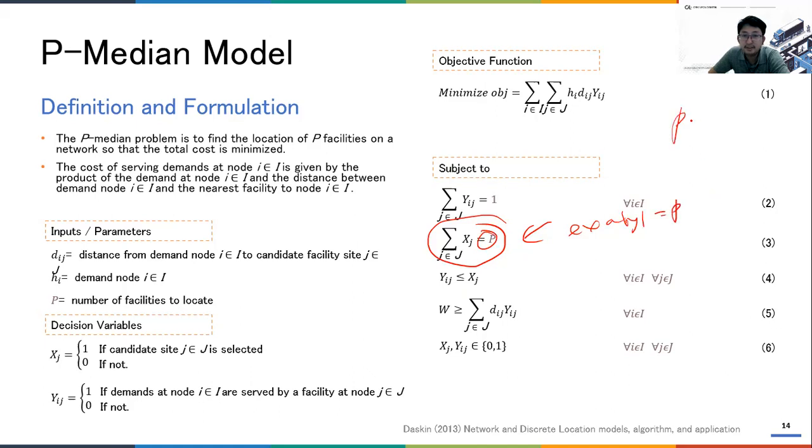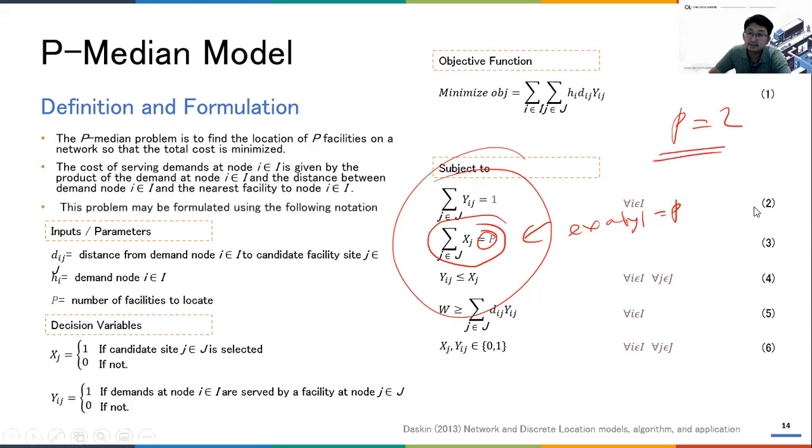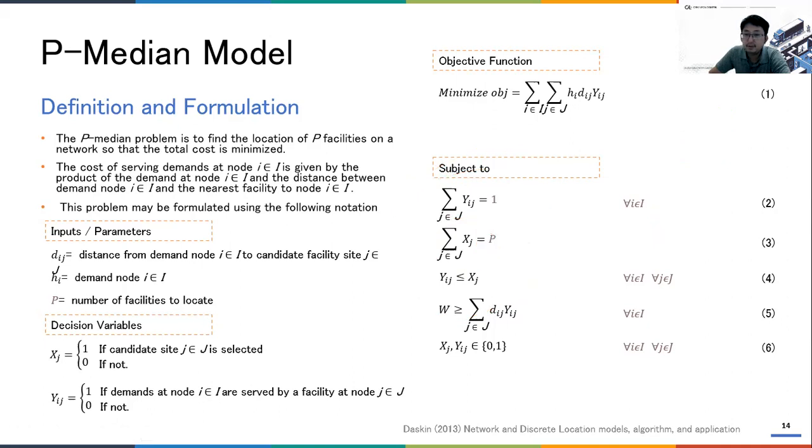So if you have the budget to open 2 facilities, this particular model will select 2 facilities. If you want to open 1, this model will select 1. Okay. And you want to make sure that Yij should be less than or equal to Xj. Yeah, this is just connecting.